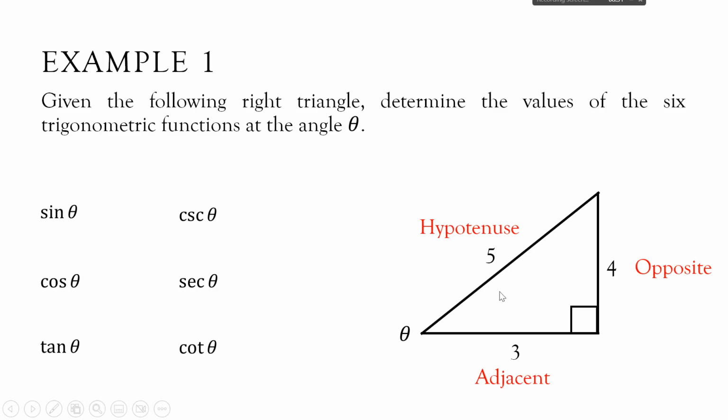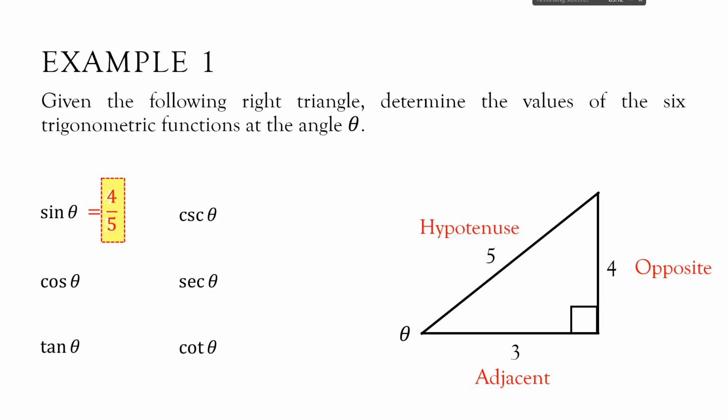Again, you can use the acronym, the little phrase, SOHCAHTOA. So the opposite is 4 divided by the hypotenuse, 5. So I should have 4 over 5. That's already simplified all the way. I can't reduce that any further. So I'm done with sine.